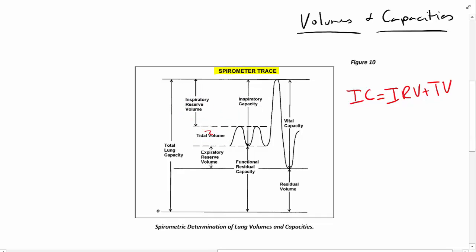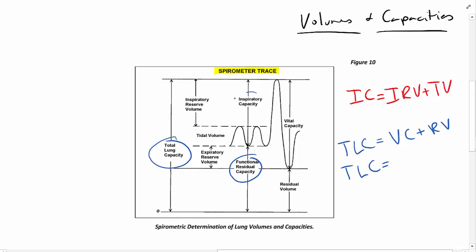The next capacity that we're going to look at is total lung capacity. So we've got total lung capacity. This means all the volume. So total lung capacity could equal many different things. TLC could equal vital capacity plus residual volume. TLC could also equal functional residual capacity plus inspiratory capacity.